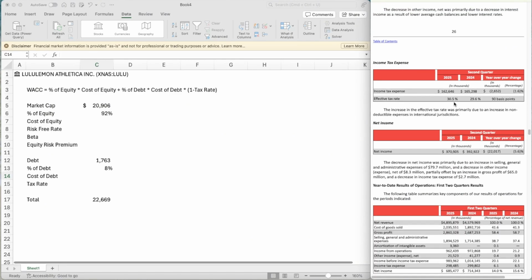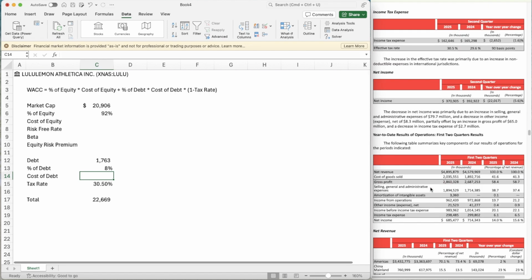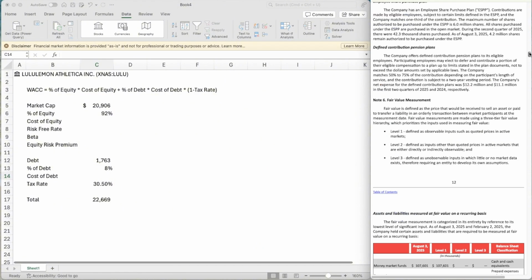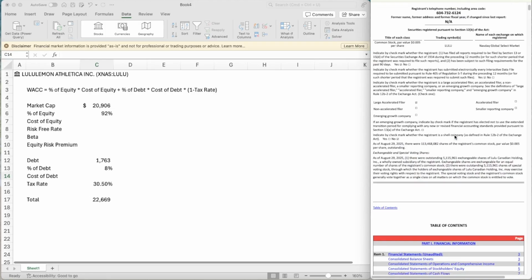Income tax. So the effective tax rate is 30.5%. Actually, you know what? We'll just go on to the income statement at the top, and we can see.